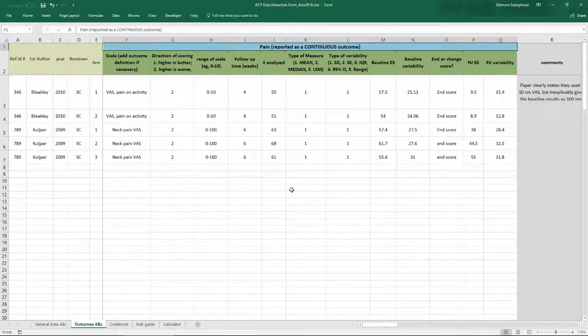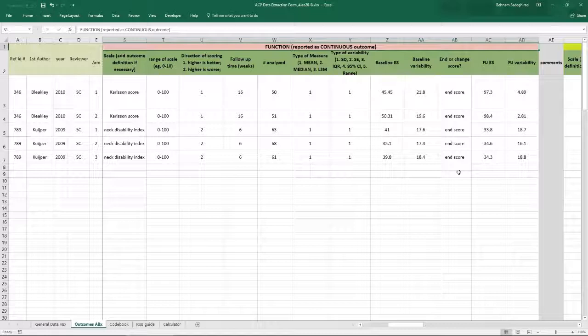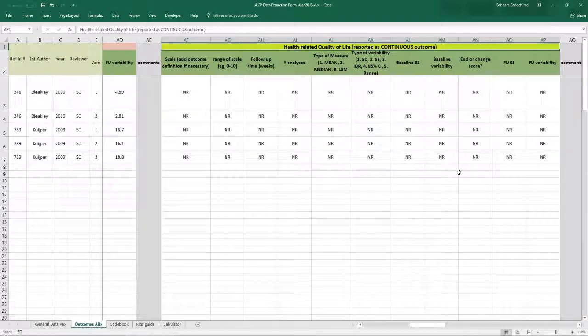The outcomes of interest are pain, reported as a continuous outcome. We will not be recording binary pain measures, such as the proportion that had certain percent reduction in pain. Function, again, we are only interested in function as a continuous outcome, and we will ignore any binary outcome. Health-related quality of life as a continuous outcome.